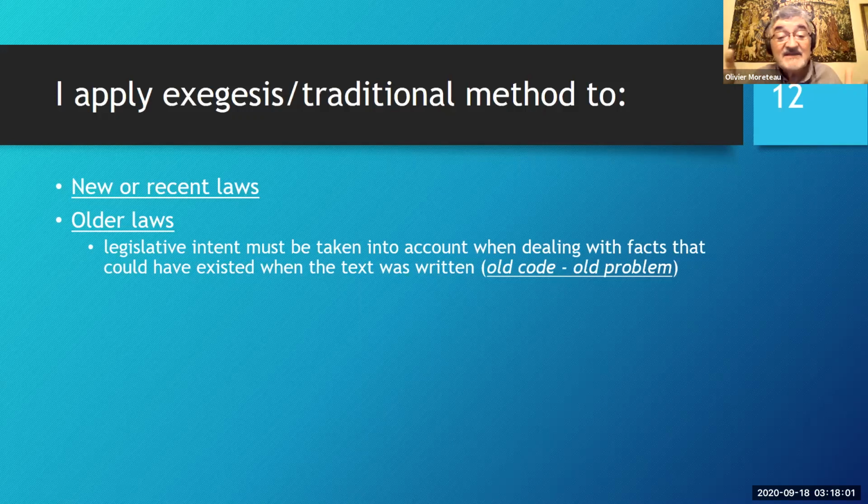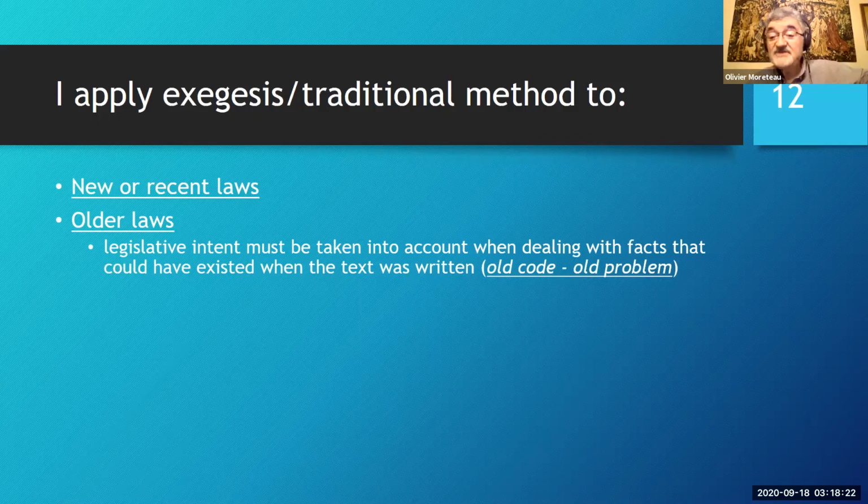legislative intent must be taken into account when you deal with facts that could have existed when the text was written. You know, sort of old code, old problem, okay? Problems of murders, problems of sexual assault, etc. All these things have existed at all times.